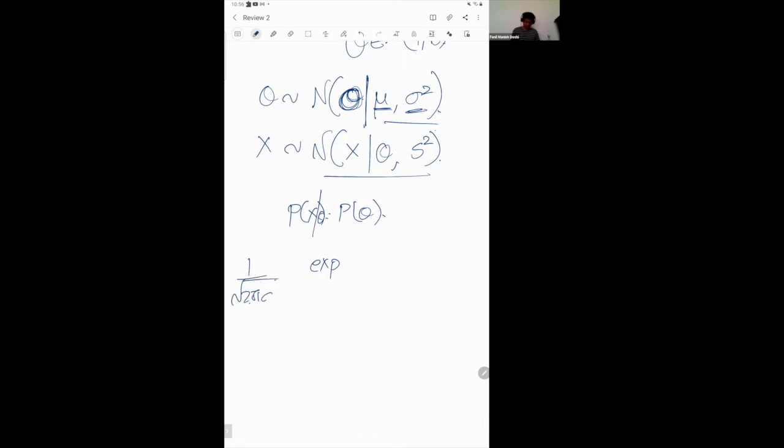So this would be 2 pi sigma square, and this would be 2 pi s square, and the exponents would just add up. So minus 1 over sigma square times x minus theta the whole square, and minus 1 over s square times theta minus nu the whole square.